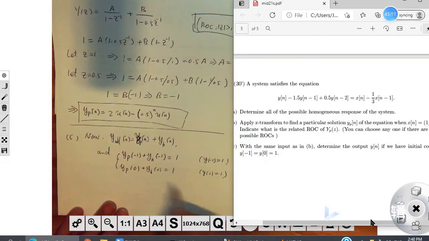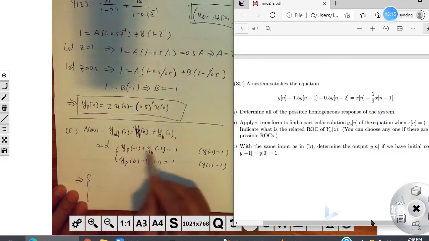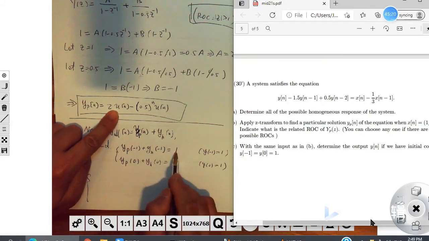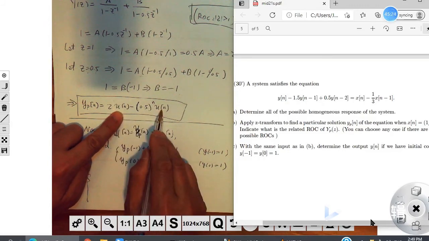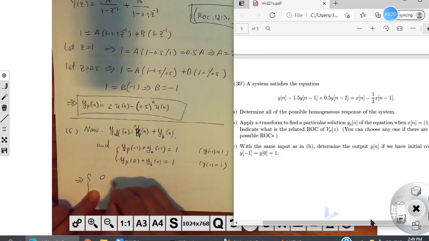Okay, now we just plug in. The y particular solution is here. When n is negative, this is 0, so y particular is just 0, and then we add the homogeneous solution with n equal to -1.